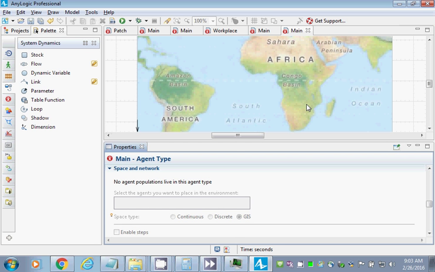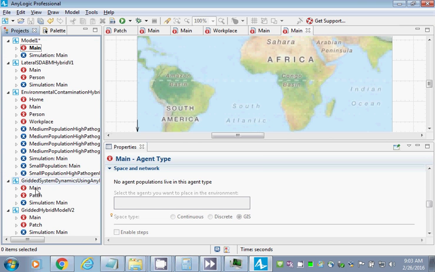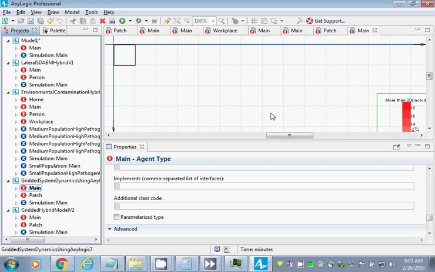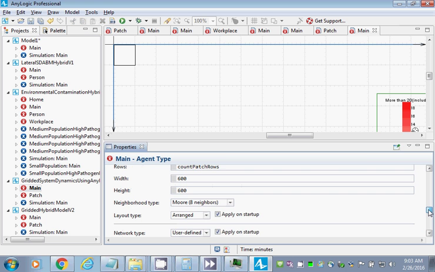I would have a patch agent, and that much would be the same. What would be different is that rather than being automatically placed in this grid by this space network thing here, I would make the latitude and longitude of a person something that is set in a bit of startup code that would say place the person here, here, here, here in a grid-like fashion.